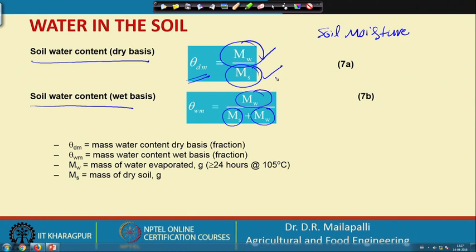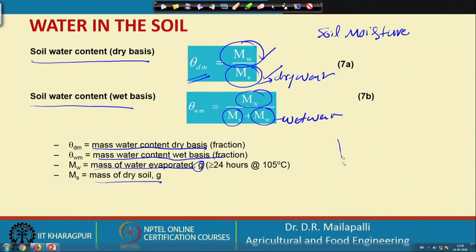This is the dry weight and this is the wet weight of the sample. Here theta_dm is the mass water content on a dry basis, theta_wm is the mass water content on a wet basis, Mw is the mass of water evaporated in grams, and Ms is the mass of dry soil.